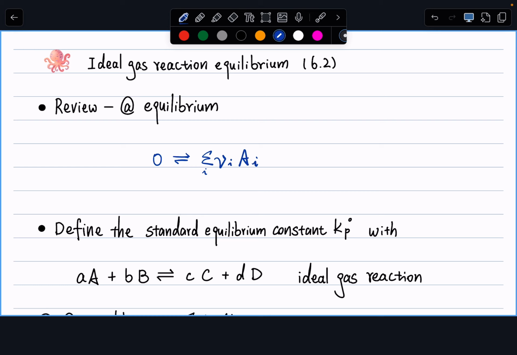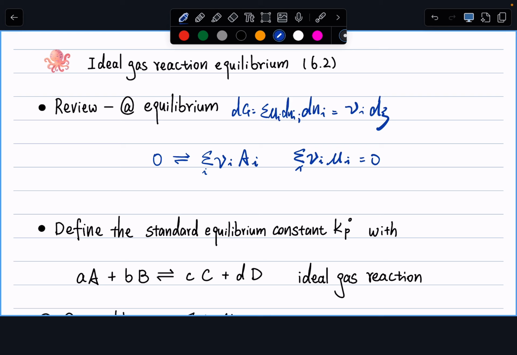What else do we know about the equilibrium? Well, we know that at equilibrium, the sum of your stoichiometric coefficient times your chemical potential equals 0. We also went over this derivation together, namely dn_i equals nu_i d xi, and then dG equals the sum of mu_i dn_i.